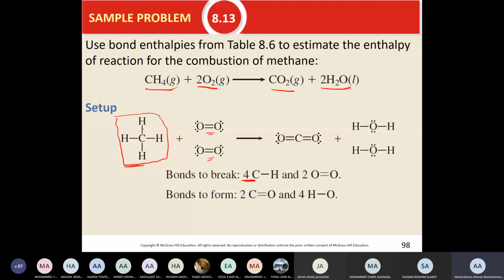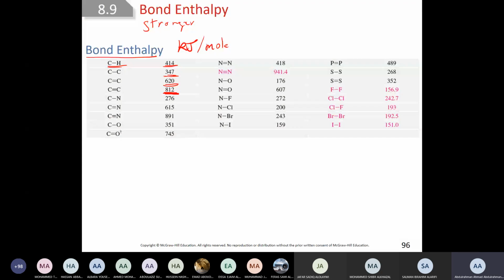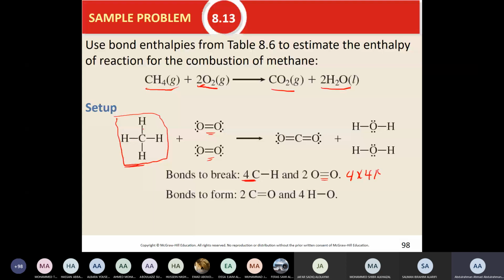Plus. Okay, we will go to the table. Don't forget, we need 4 times CH bond. This is the CH bond. So how many do we have? 414. Is this clear? 4 times 414.